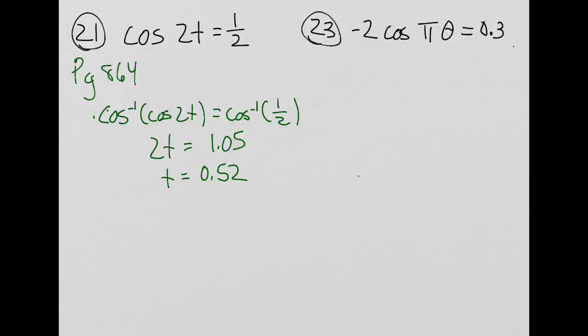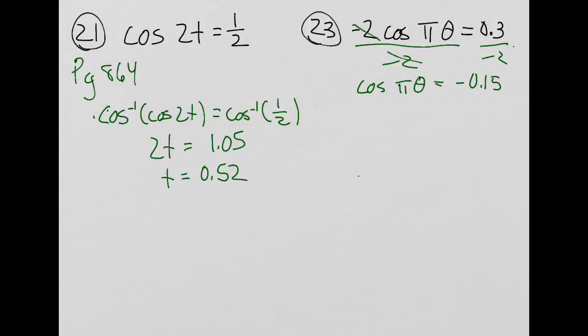To do that, I have to isolate the cosine, so the first thing I've got to do is divide both sides by negative 2. They cancel here, so you're left with cosine of pi theta equals negative 0.15.